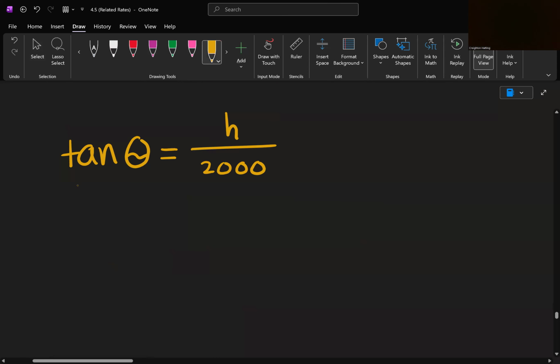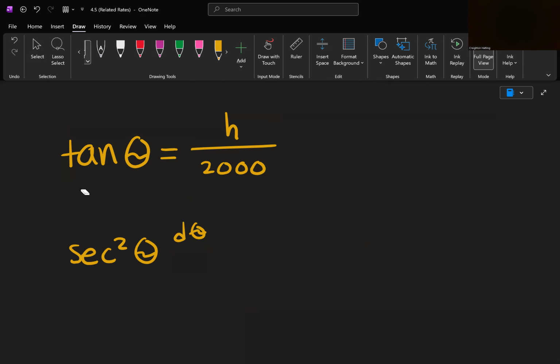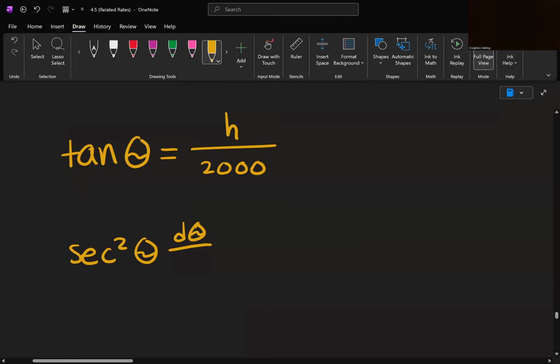The derivative of tangent with respect to time will be secant squared theta dθ/dt. Remember, we're differentiating with respect to time, and so we need that chain rule. We cannot forget the chain rule for dθ/dt. And then h over 2000.